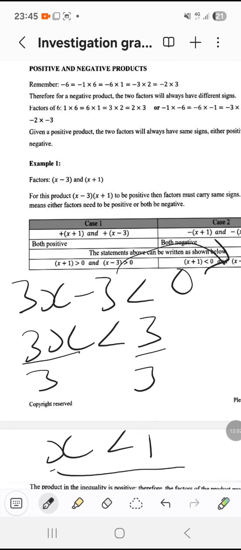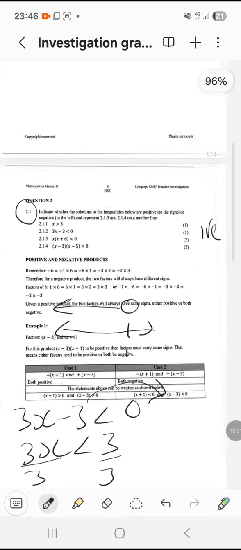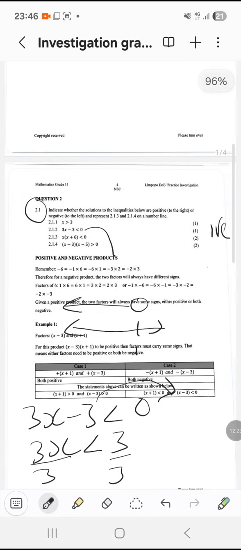Now we're looking for numbers which are less than 1. How do we know? This is a number line. We have 1. We have a circle. The arrows pointing to the left. All the numbers on the left are less than 1. Is 0, -1. So these are negative numbers. So 2.1.2, negative. You just write negative.